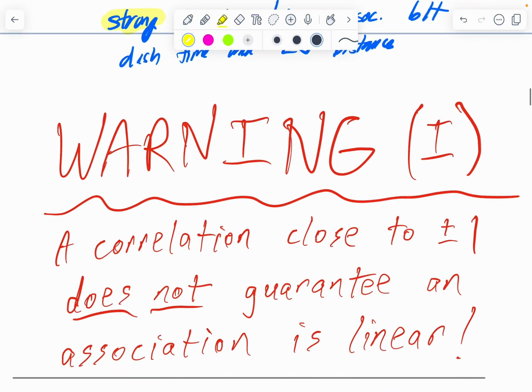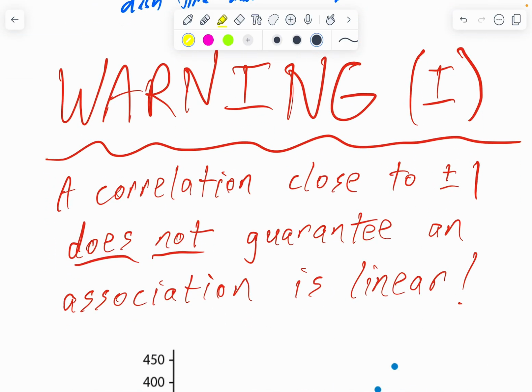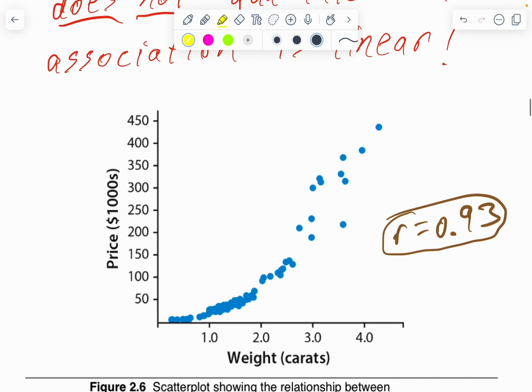Okay. Now, Mr. W has put in here, warning. If you just get the correlation coefficient value only, you might say, oh, this relationship is totally linear, man. Like it has to be. But that's not true. It's always important to look at a graph of the data because this is the weight of a diamond measured in carats and the price of that diamond.